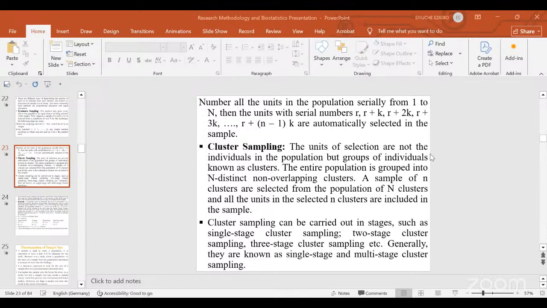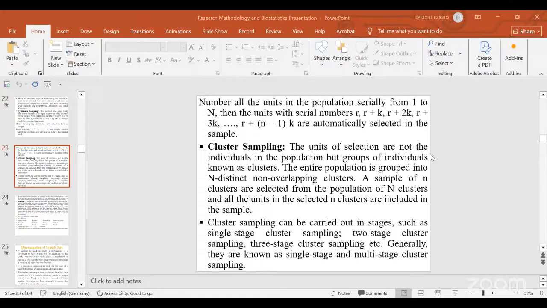This type of research is usually done when the research is sensitive and secretive. For instance, you want to look at people that are into substance abuse.